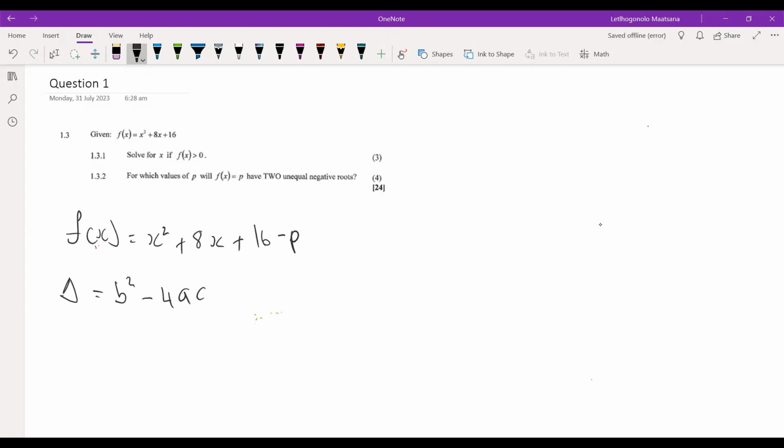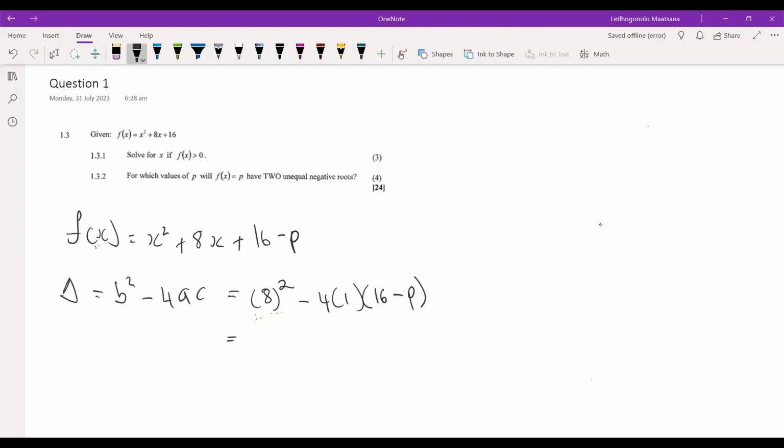So our discriminant is going to be 8 squared minus 4, our a is just going to be 1, and our c is 16 minus p.